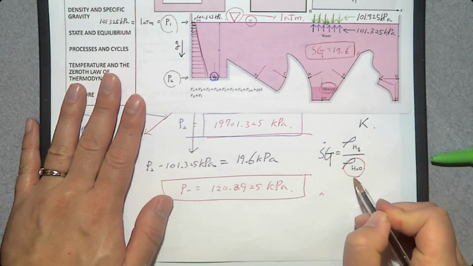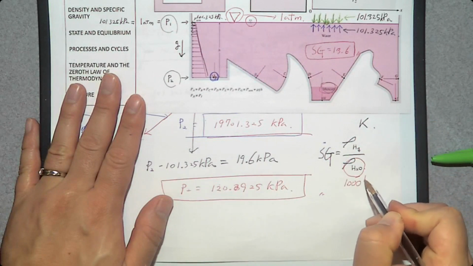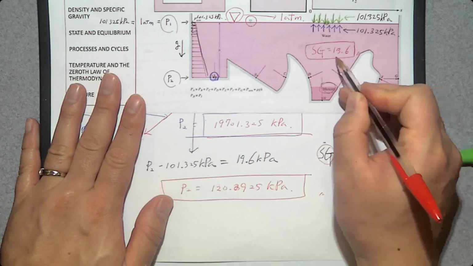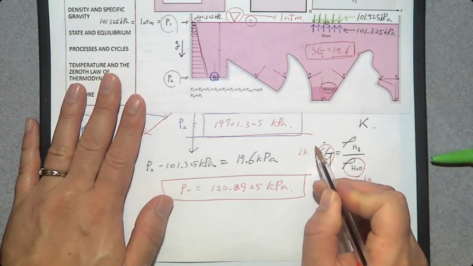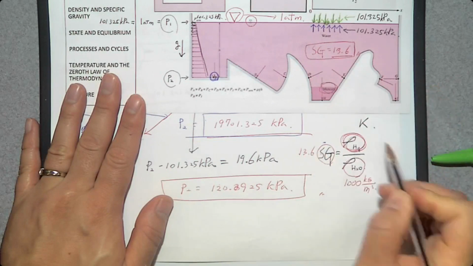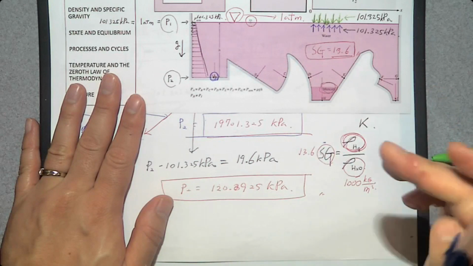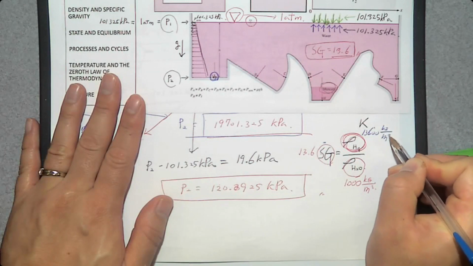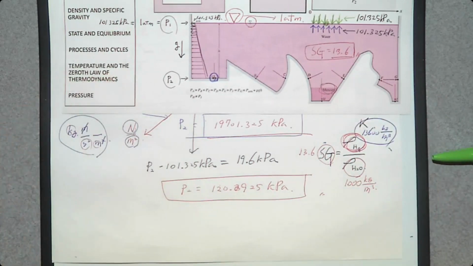This one is 1,000 kilogram per cubic meter. Specific gravity is 13.6. So what is the density of mercury? 13,600 kilogram per cubic meter. Okay?